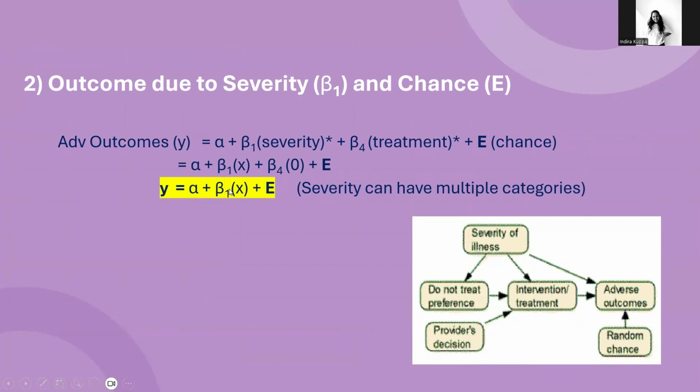When we assume X, the explanatory variable, to be a certain value that is not given right now in the question, then the equation goes like this: Y equals alpha plus beta 1 X, a given value, plus random chance. And as per the question, treatment or intervention has to be zero. Hence, beta 4 times 0. Hence, this is the last equation. These are the two instances that come when intervention or treatment is taken as zero.